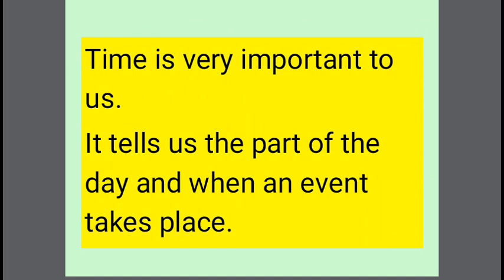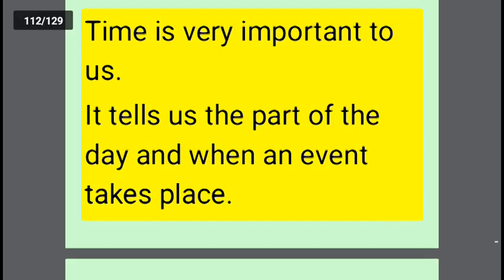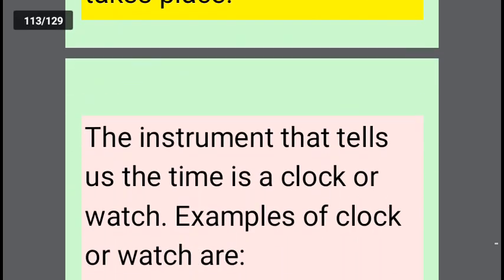Another thing is that time tells us when an event takes place, whether at 2 o'clock, 3 o'clock, 7 o'clock, 9 o'clock, 12 o'clock, and so on.